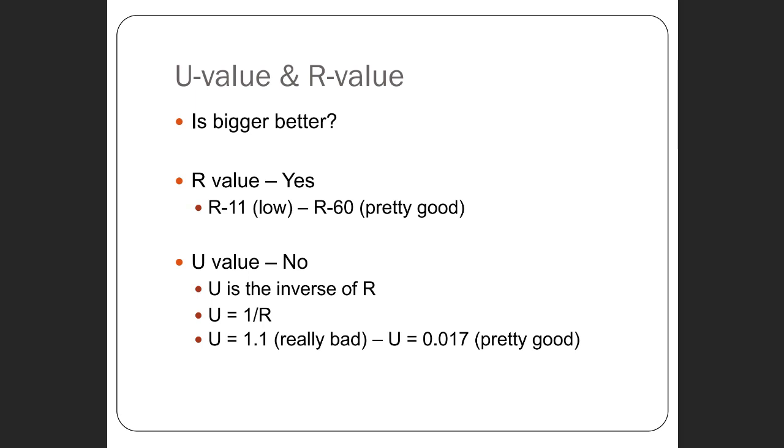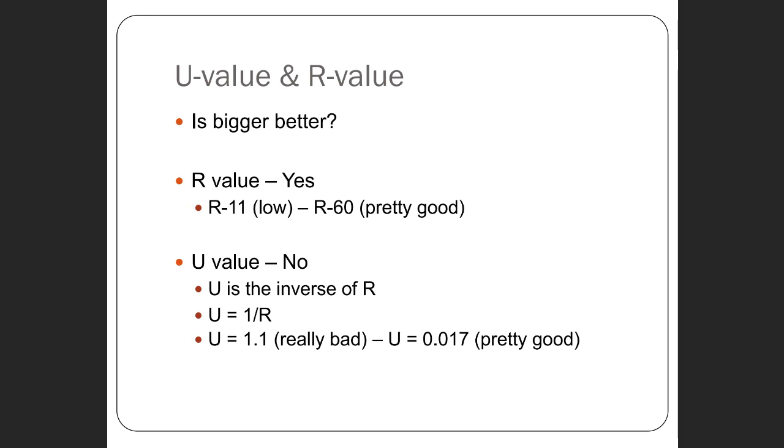I think as Chris said, we kind of fell into that trap in terms of our houses, right? We thought that a bigger house is better, and research shows that isn't necessarily the case. But in terms of insulating your walls, where you're looking at R value, yes, bigger R value is better, right? The more insulation we have, the better off we are.